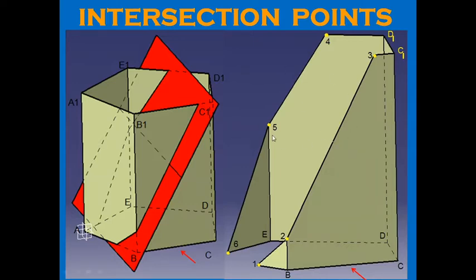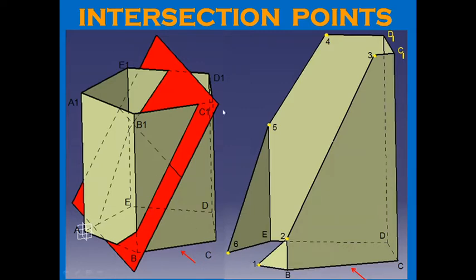As you can see, there are 6 intersection points: 1, 2, 3, 4, 5 and 6. These are the 6 places or the 6 points where the cutting plane or section plane is cutting the physical edges, either the edges of the top face or the edges of the base or the vertical edges. Okay, so let us see one by one.